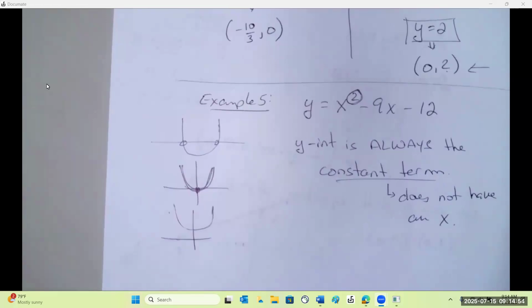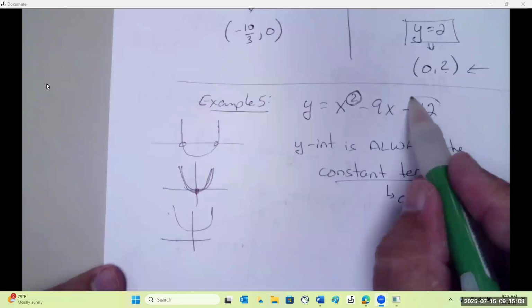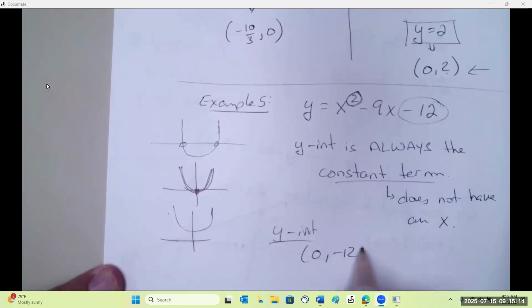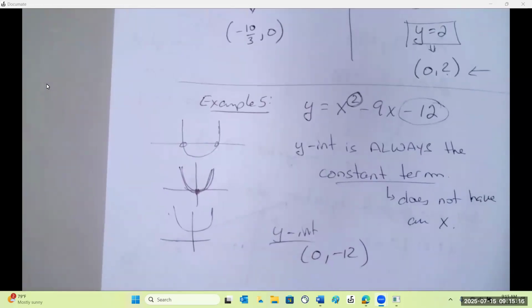It's like a cowboy song. They don't have an X. So in this example, what's my y-intercept? Negative 12. It's the only thing that doesn't have an x. So my y-intercept is at the point (0, -12). Yeah, we'll talk about those kind of equations a lot in the very near future. Everybody okay so far?